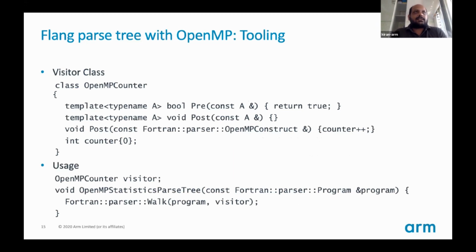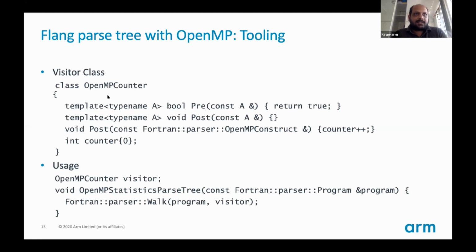And the AST, or the parse tree, for Flang is quite friendly, and we can create tools or utilities with this. It supports a visitor class. So if you define a visitor class in the following way, you would want two functions called pre and post defined. And for those constructs that you're interested in, you can define your own specialization.